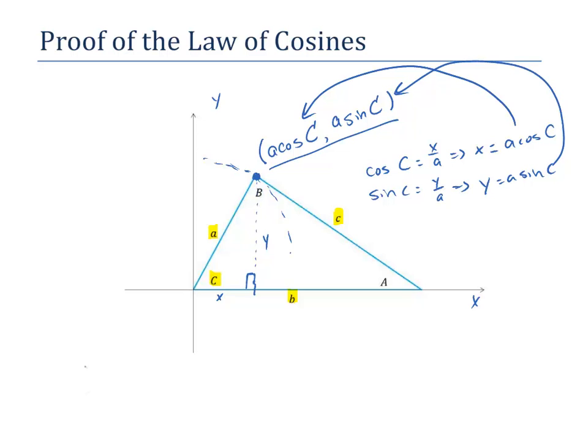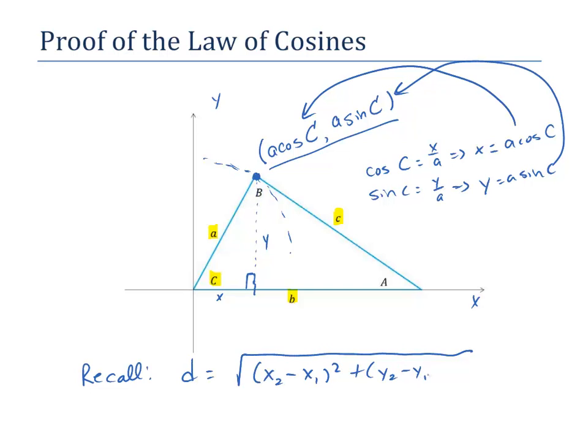Now recall that the distance formula between any two points can be calculated as the square root of the difference in the x coordinates squared plus the difference in the y coordinates squared. Or d squared is x2 minus x1 squared plus y2 minus y1 squared.